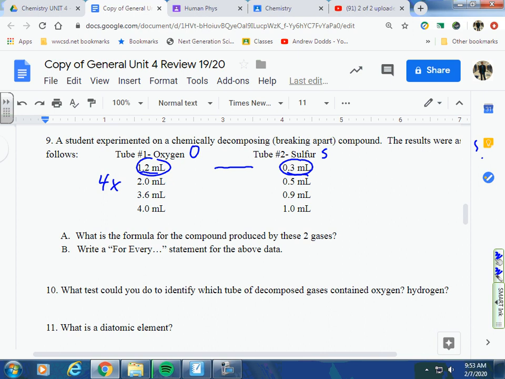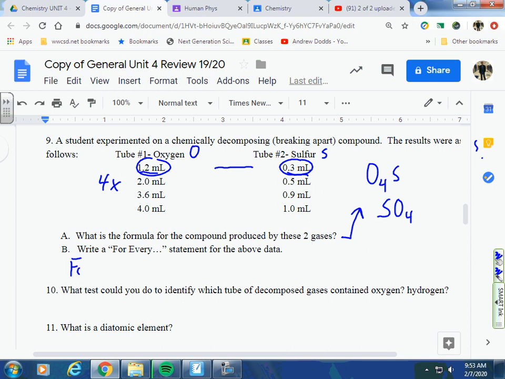So I would say O4S, or SO4. Order at this point doesn't really matter, either way. That's the formula. And write it for every statement. I always like to start with the one that is just 1 if possible.